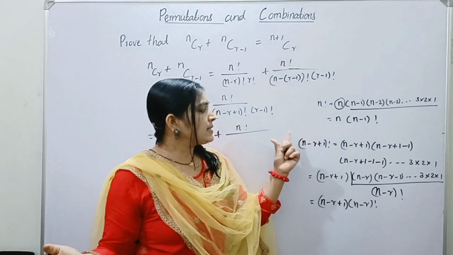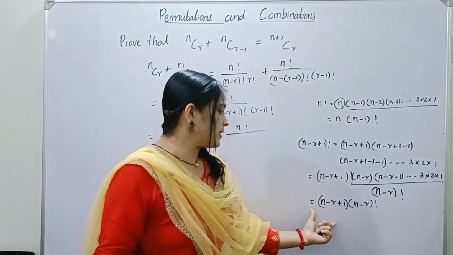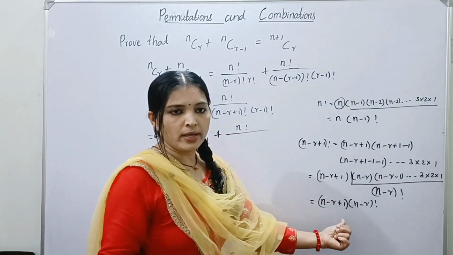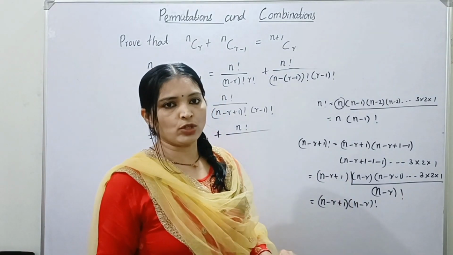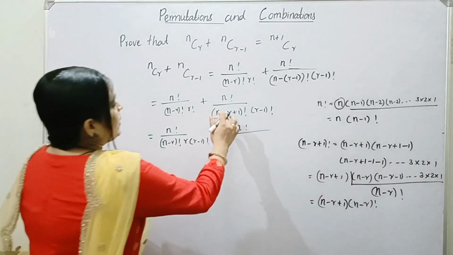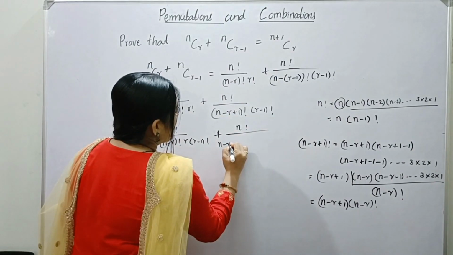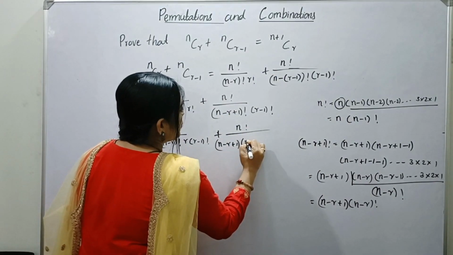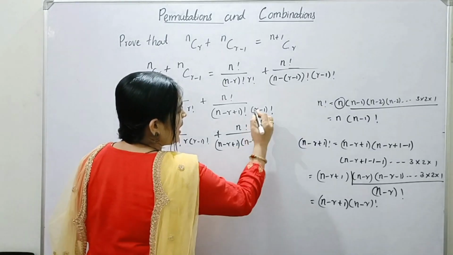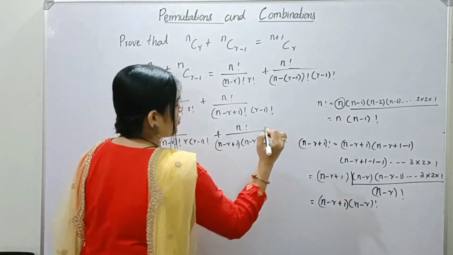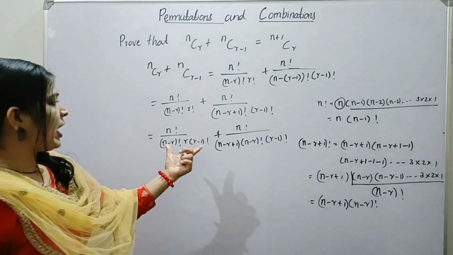So n minus r plus 1 factorial can be written as n minus r plus 1 into n minus r factorial. So here we can write it as n minus r plus 1 into n minus r factorial into r minus 1 factorial. Why have we written this?